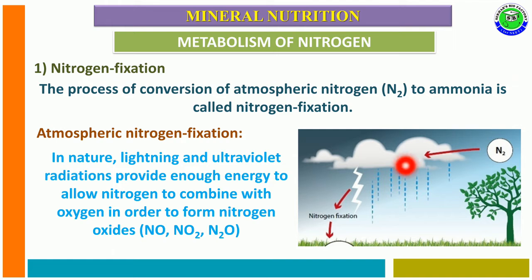In nature, lightning energy, that is thunder, along with ultraviolet radiation provides enough energy to convert the nitrogen present in the atmosphere into various nitrogen oxides like NO, NO2 and N2O. This is called atmospheric nitrogen fixation.